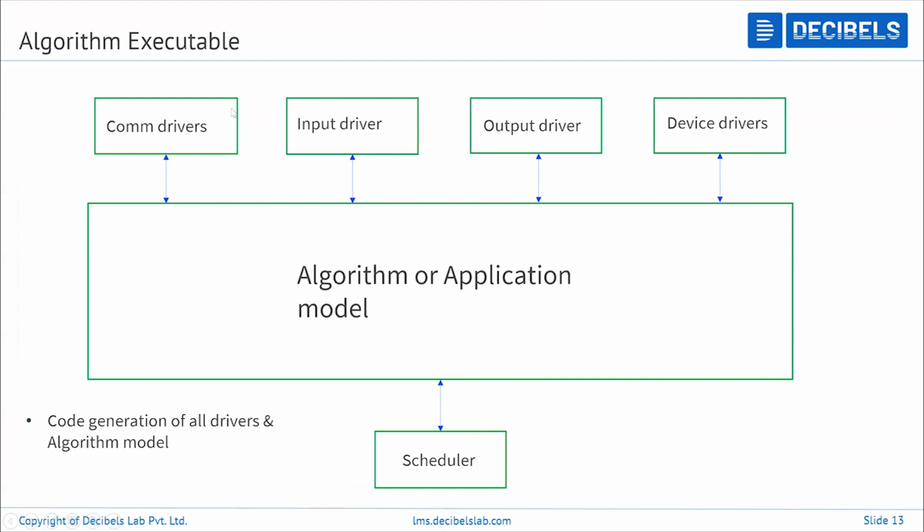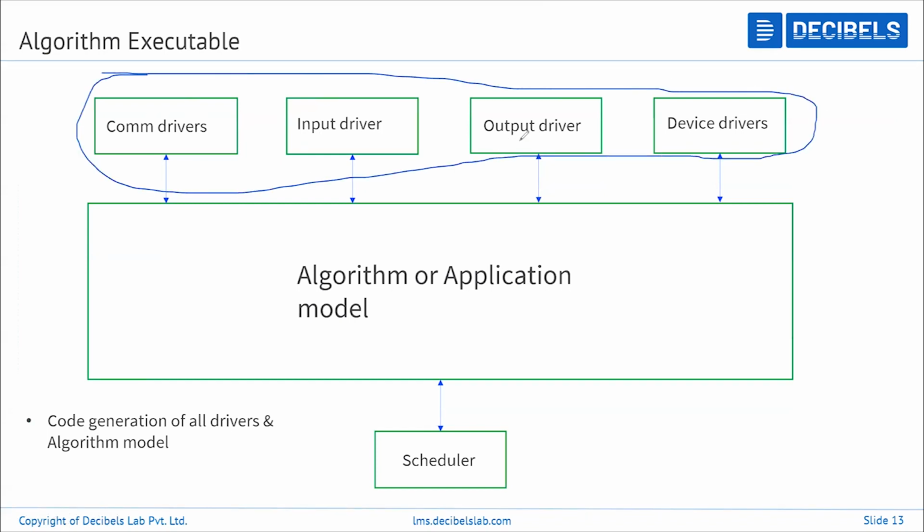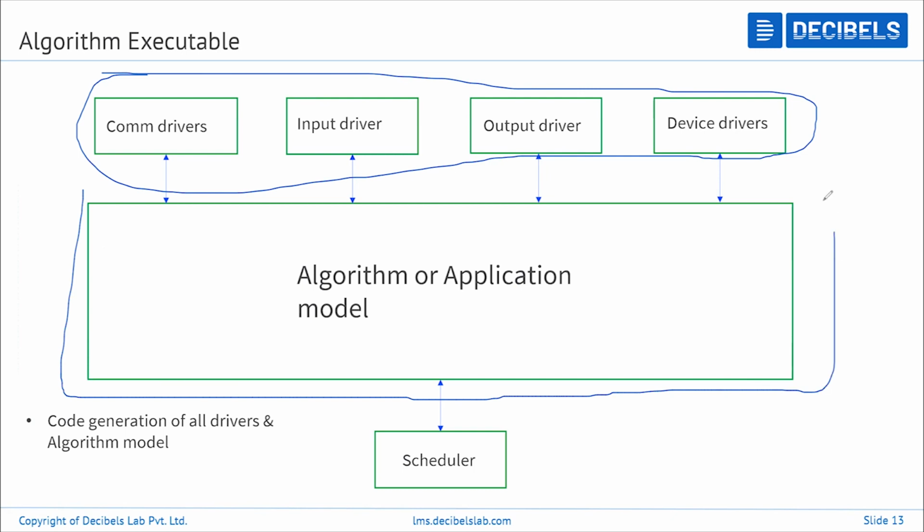You will have all the library blocks, the respective COM drivers, device drivers, input drivers, which support communicating with the hardware. You just bring these blocks, arrange them as per the requirements, connect them to your application model, and dump the program into the hardware.